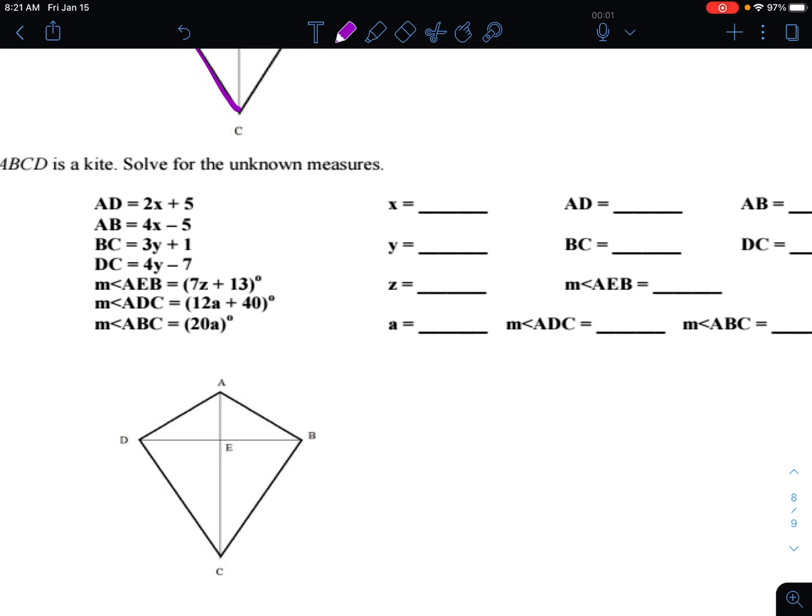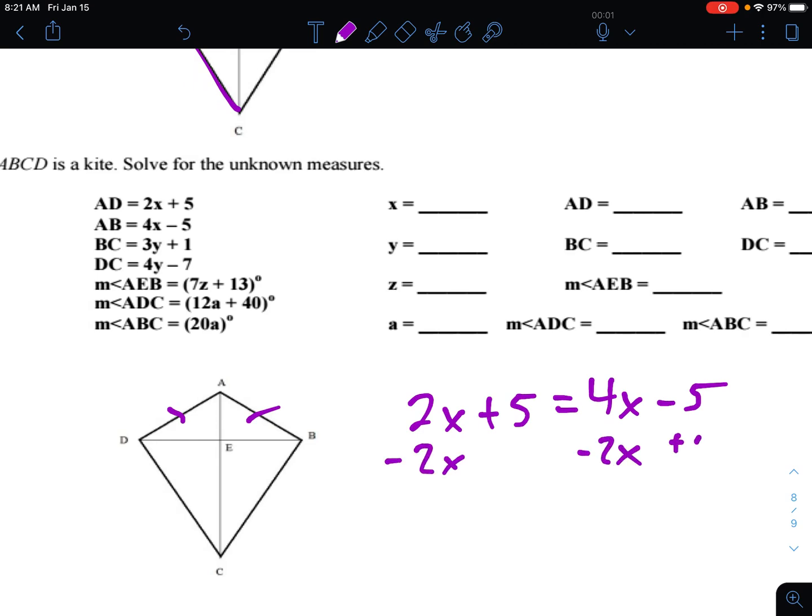All right, let's rock with this kite. AD is congruent to AB, so I'm going to set those two equal to each other. Subtract 2, add 5, subtract 2x and add 5.